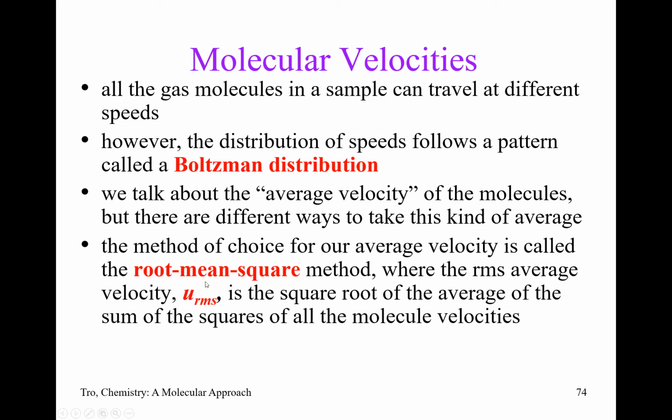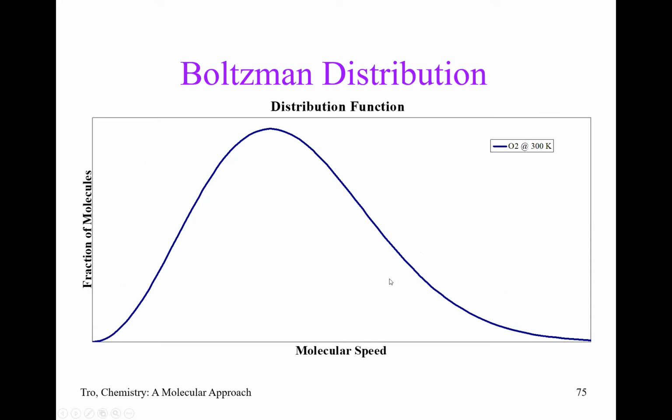And since we know this is due to that mass, we'll tie it into the mass, and depending on how much math you've had, you'll see what's called RMS, or the root mean square. And here's what this Boltzmann distribution looks like.